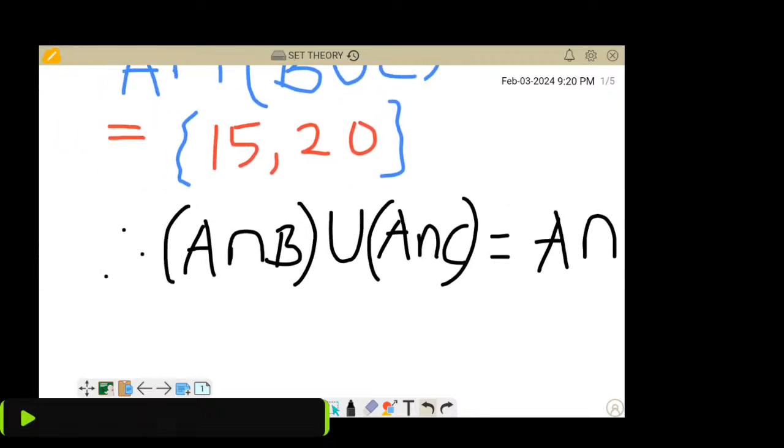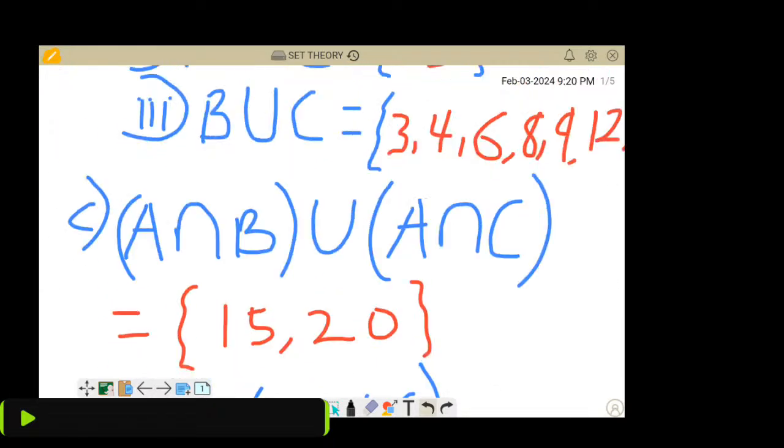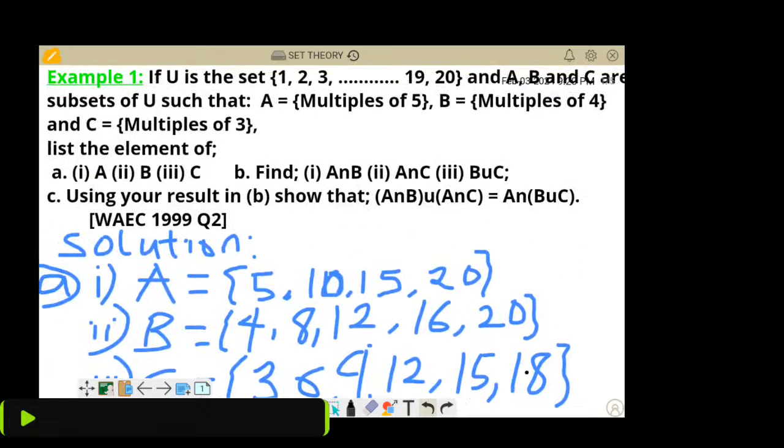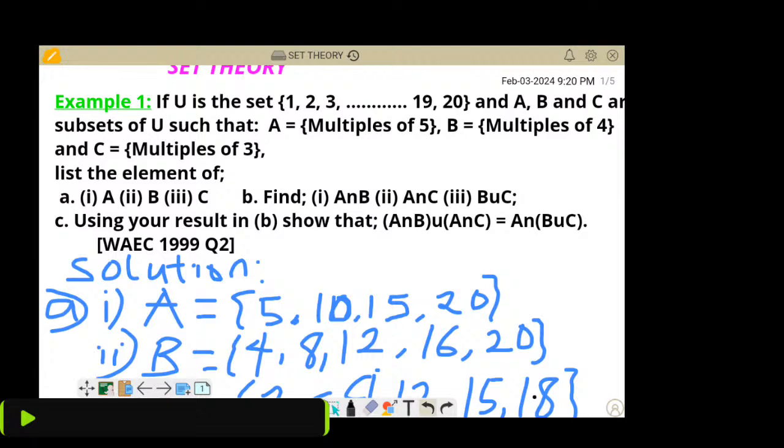Okay, let's quickly rush through what we've done from the beginning. We have a question that says we have set U, which is the set of numbers 1 to 20. A, B, and C are subsets of U, that is, they are part of U. So U is serving the purpose of universal set for them.